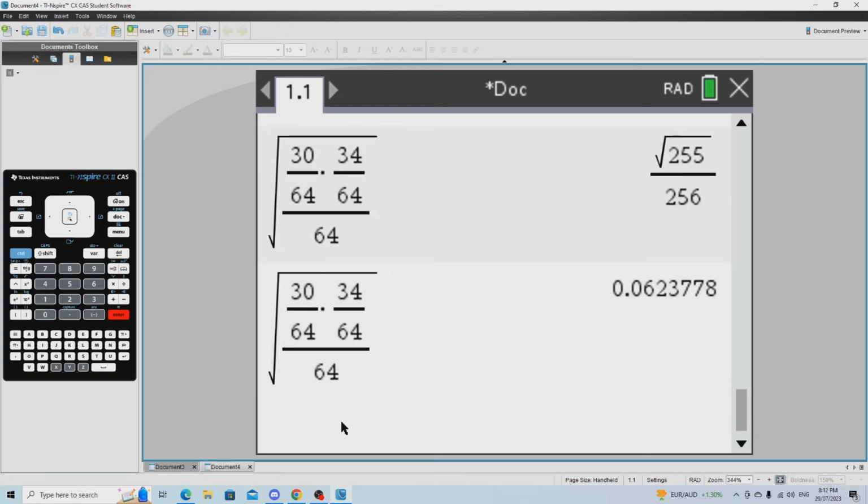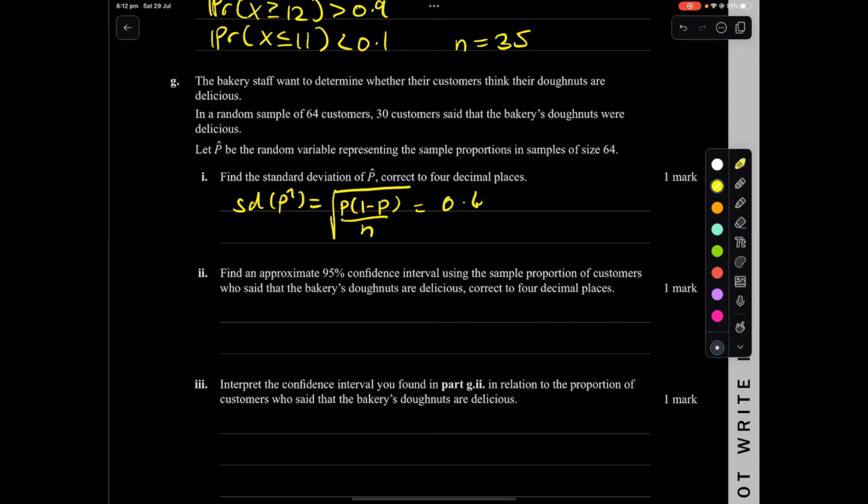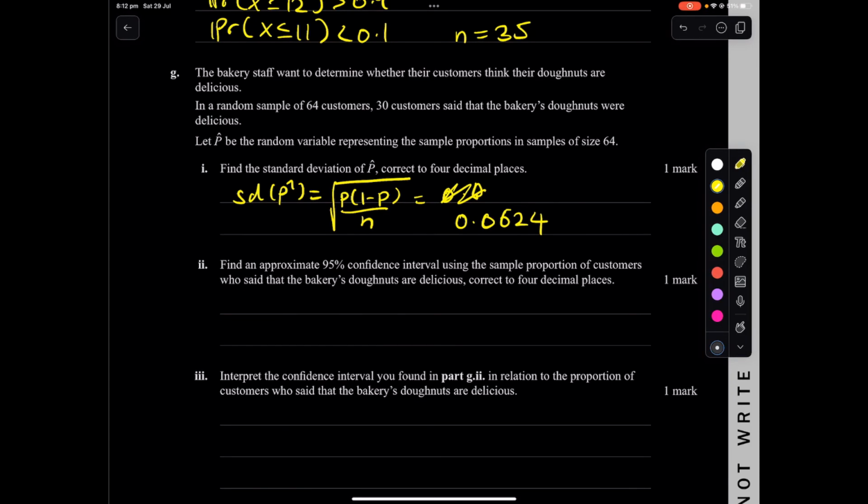That gives us 0.0624. Is that right? Yep.